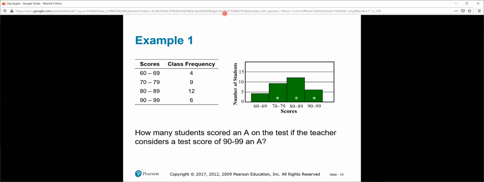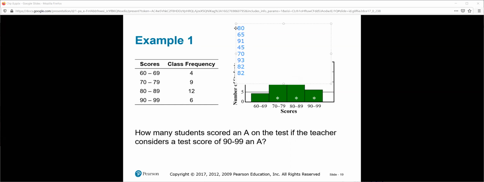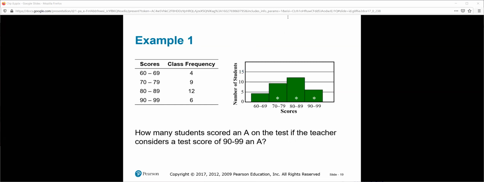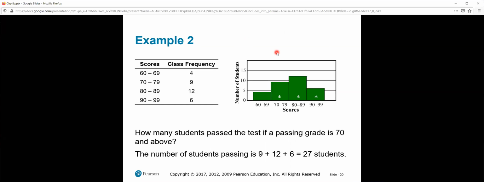And if the data was all drawn in a table, you're really going to lose. It's really going to suck to figure out which of those was an A and how many students had A's.